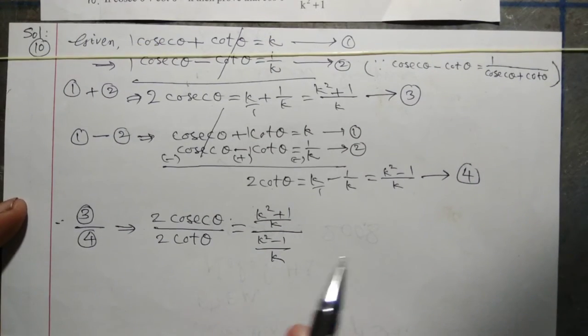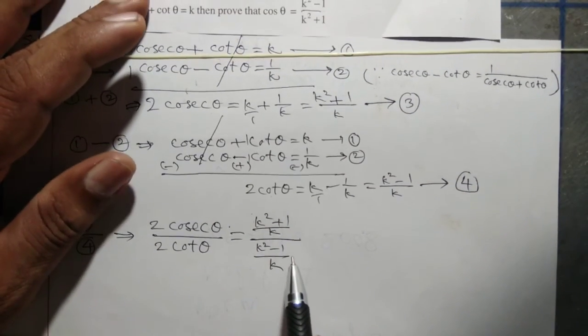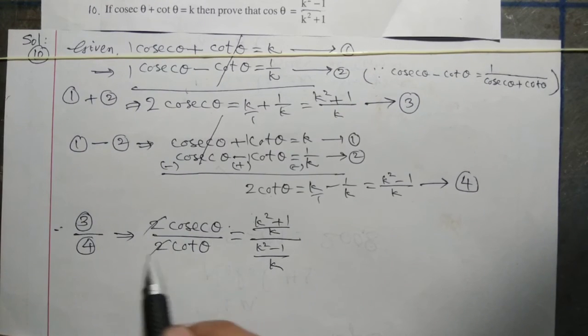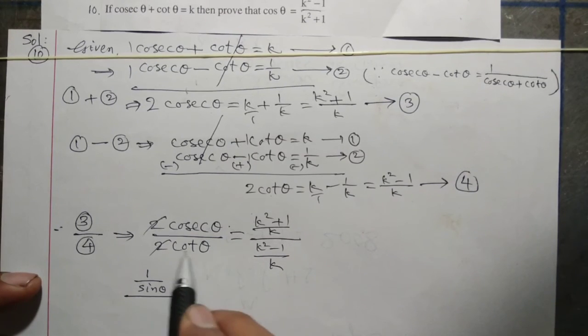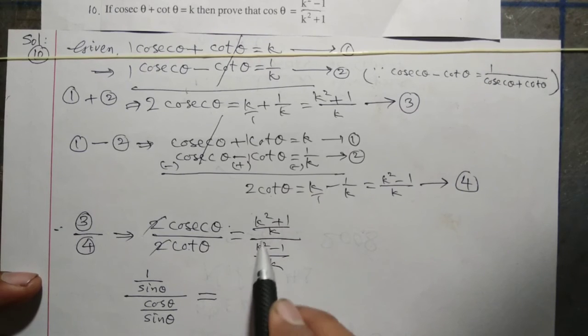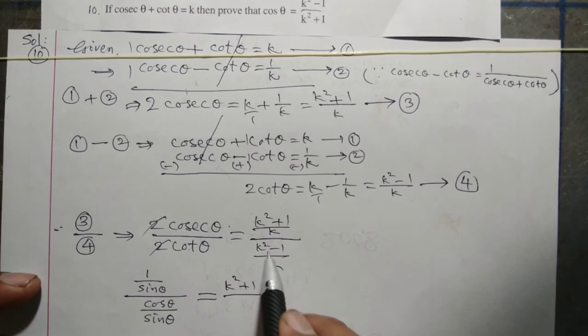Now to cancel, cosec theta we can write 1 by sine theta, 1 by sine theta by cot theta, cos theta by sine theta, that is equal to k square plus 1 by k. We can write the reciprocal of this, k by k square minus 1.